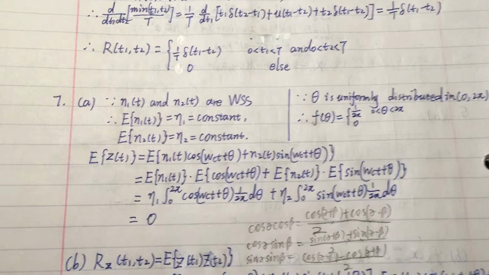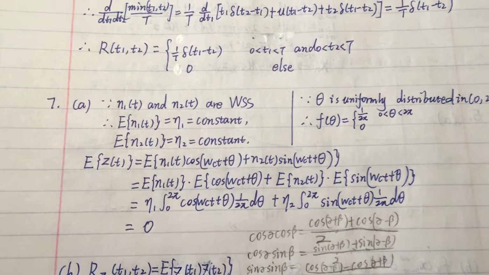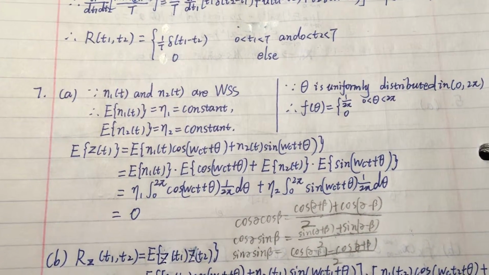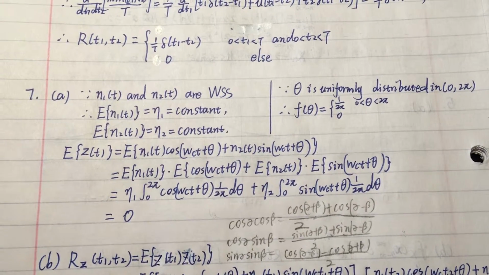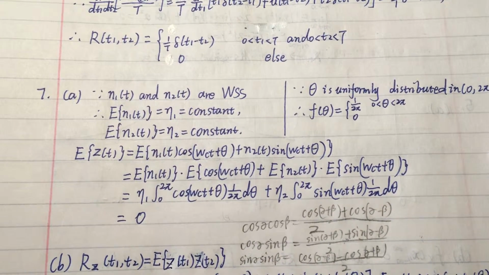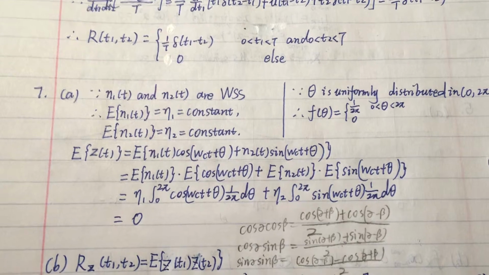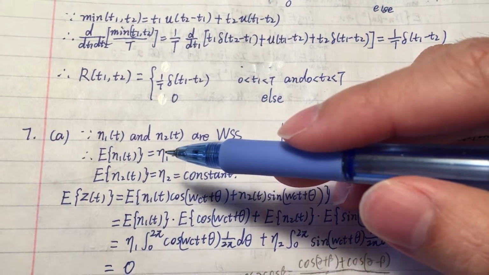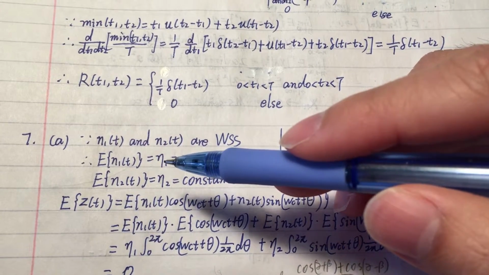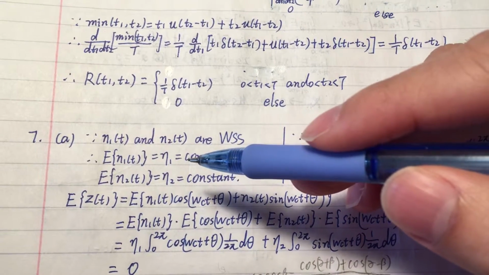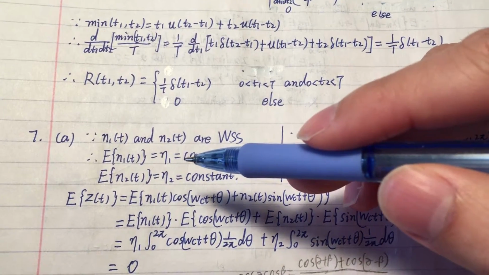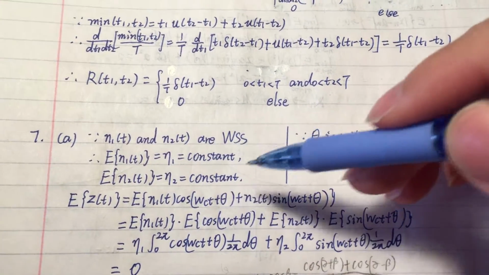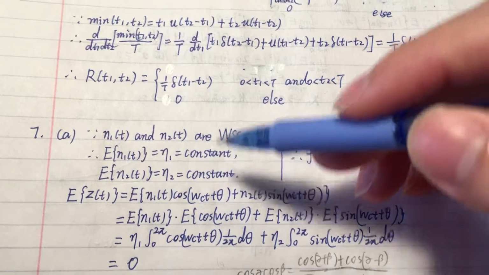And because n1t and n2t are WSS, that means they are stationary, and so we can get the mean of n1t equals to alpha 1, a constant.